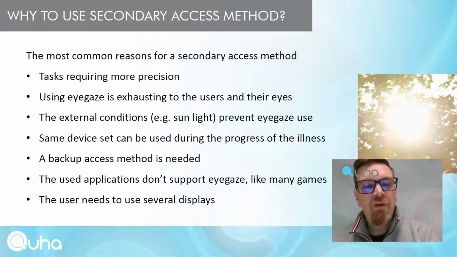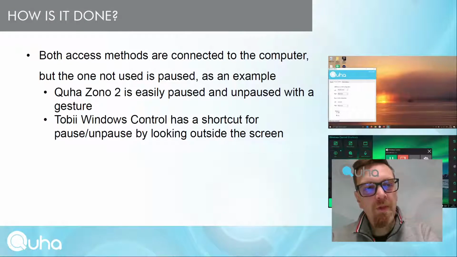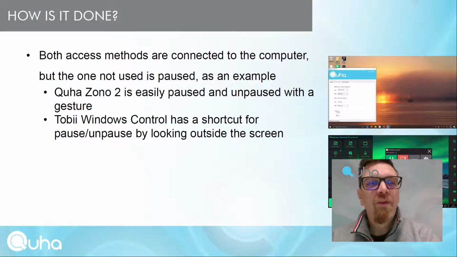Also, many users want to use several displays. They have a kind of monitor array on their desk, but that is not supported by eyegaze. It only supports one display. So that's why a secondary access method may be a good option. Then how is this done?